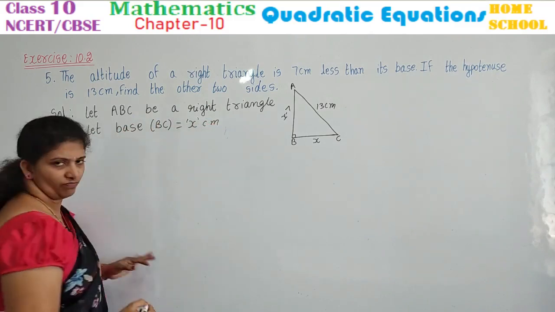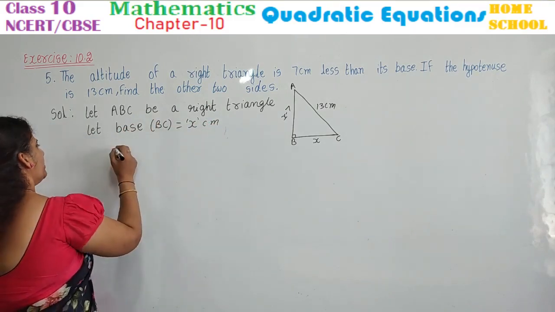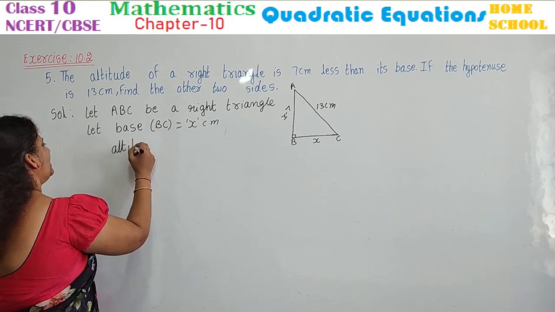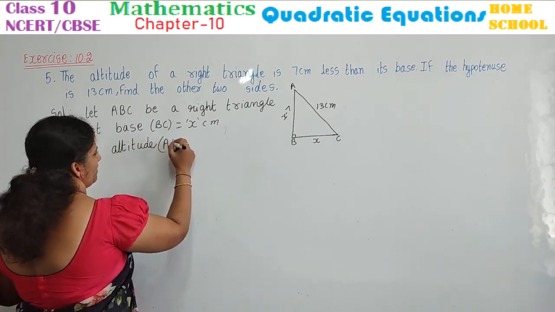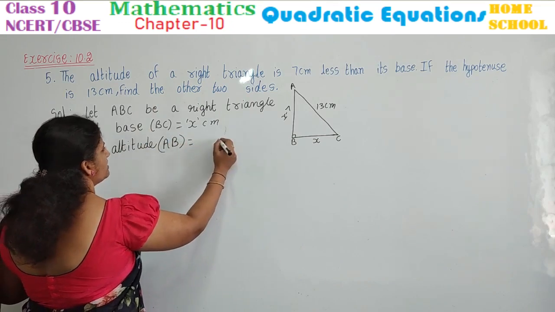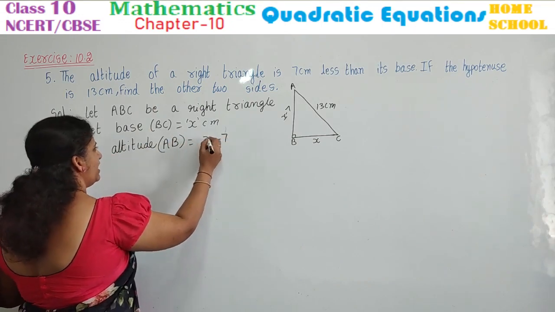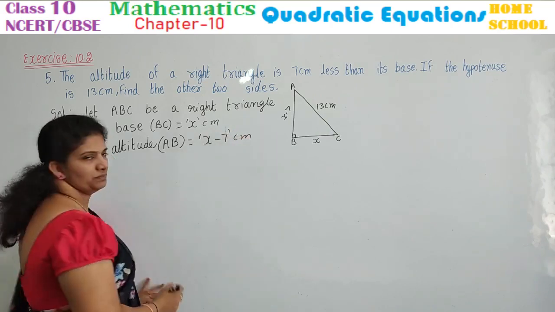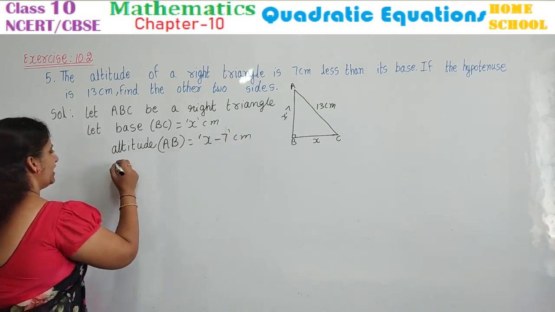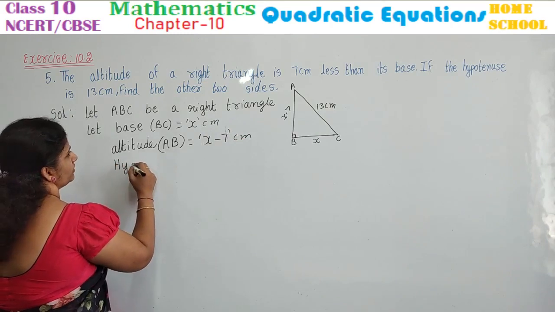Let me assume. Now what will be the altitude, children? Altitude AB is equal to 7 less than the base, x minus 7 centimeters. And what did they give here? Hypotenuse.